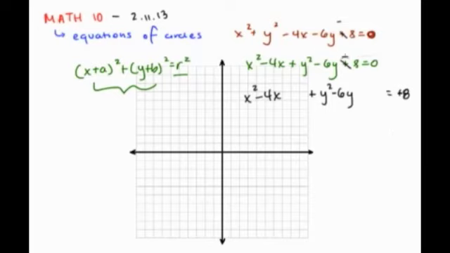That's my bad, my typo. But we bring everything bunched together and we leave some space to complete the square, and we always bring that constant to the right side. That's how we complete the square.